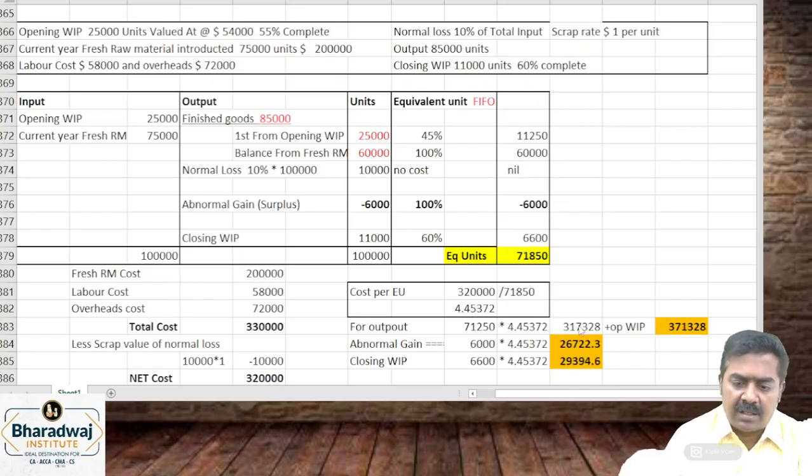Based on that, the cost is assigned. Why are we adding opening WIP value with the output transferred? Because the units transferred include opening WIP. So we add opening WIP value. This 54,000 gets added with this value. So you get 371, 328 is the cost of output. Abnormal gain and closing WIP we got.